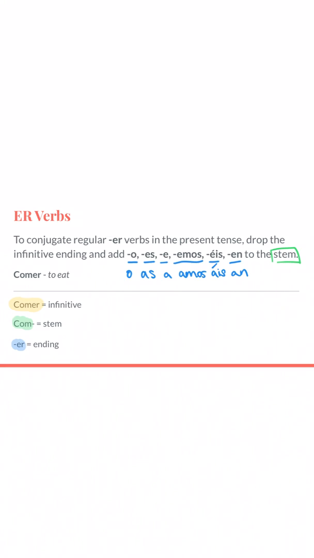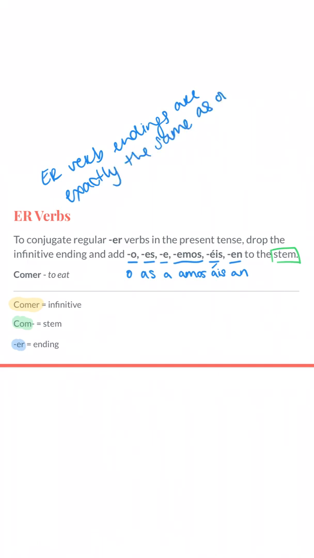So maybe even just make yourself a little note there. Say ER verb endings are exactly the same as our AR verb endings.